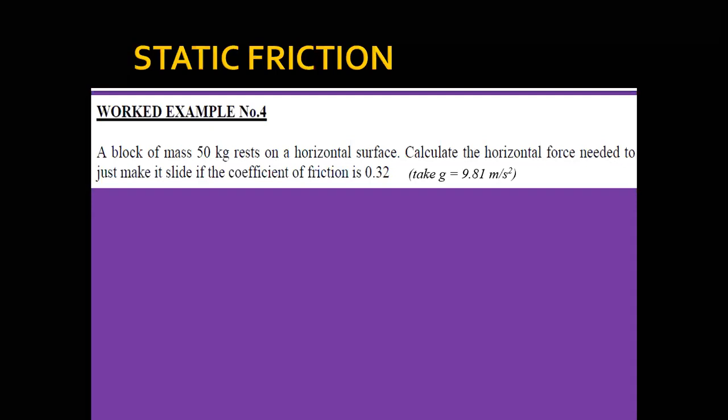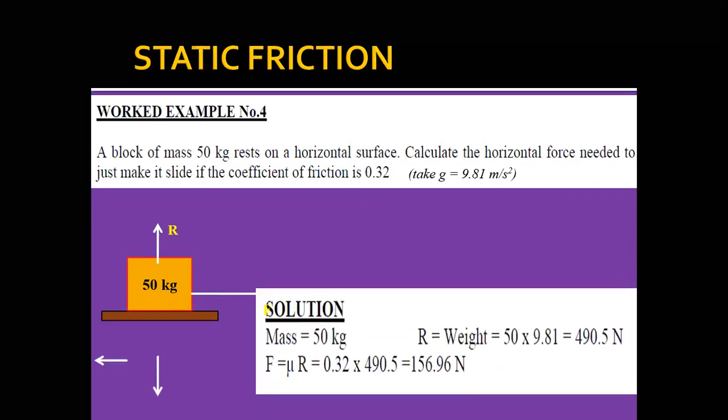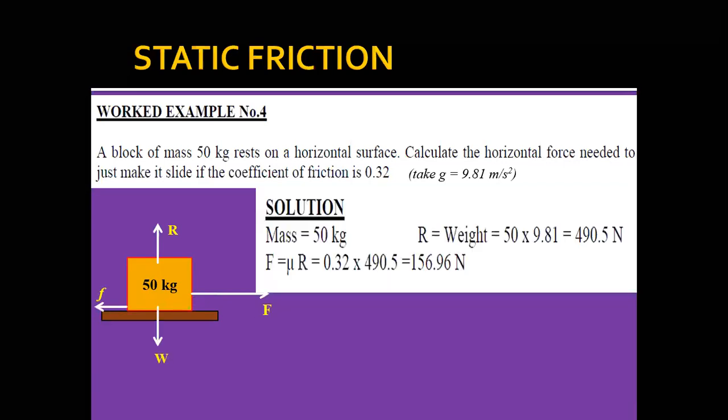Okay, so in the solution, this is what we have: the block of mass 50 kg, the force applied F, the normal reaction R, and the weight acting down. Then the frictional force goes to the left. Then we have the parameters given. Mass is 50 kg.